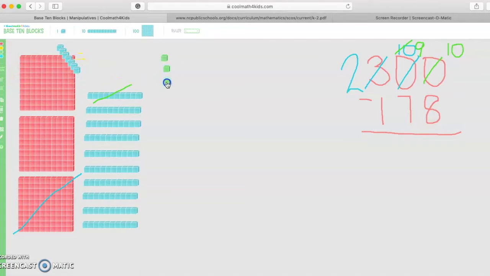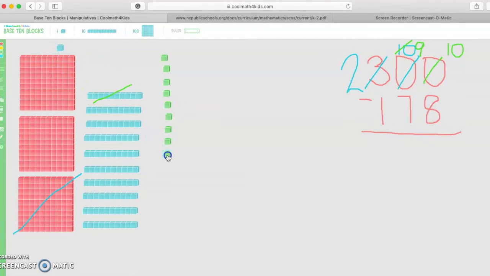I find it easier to color code. So now that I've decomposed, as I'm working on dragging them over, I can easily subtract the numbers. The decomposing of the numbers really helps the students, and it's easy to do them on an algorithm and using the manipulatives like the base 10 blocks.